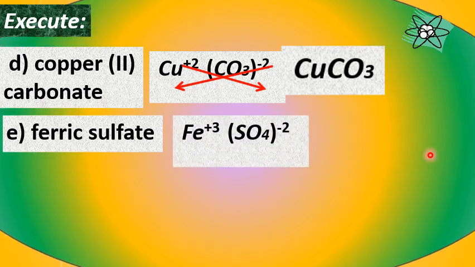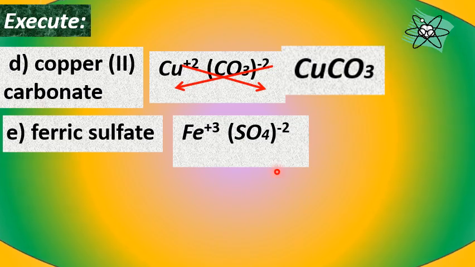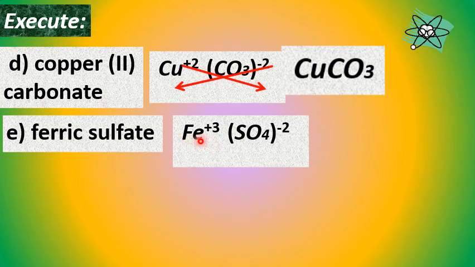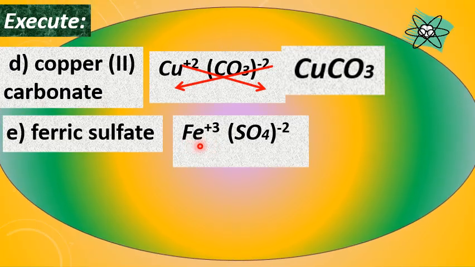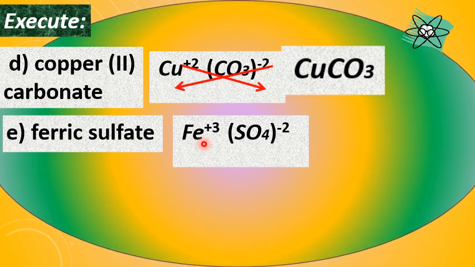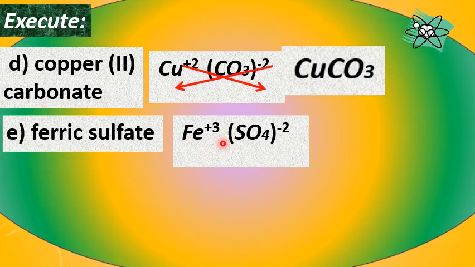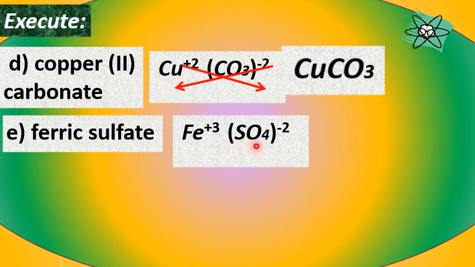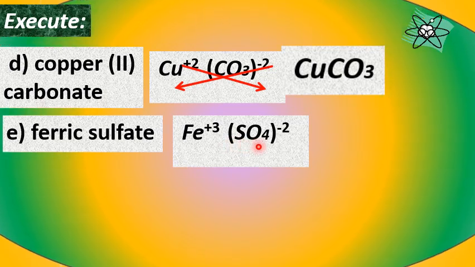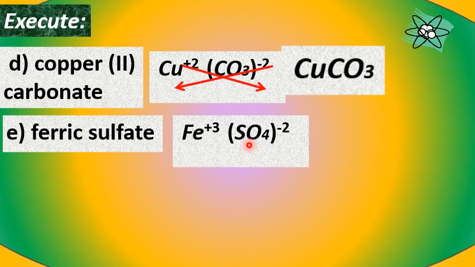And this is the combination of the iron positive 3 ion, combining with the negative 2 polyatomic ion sulfate, SO4.